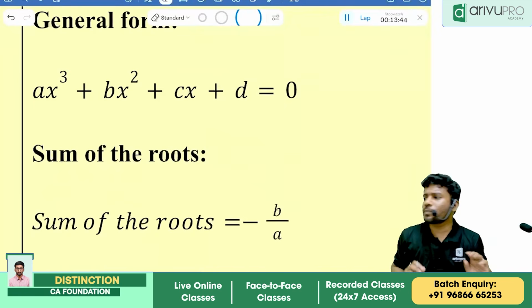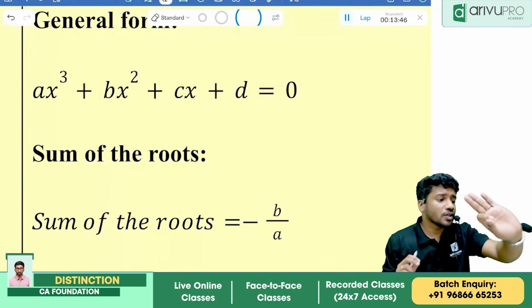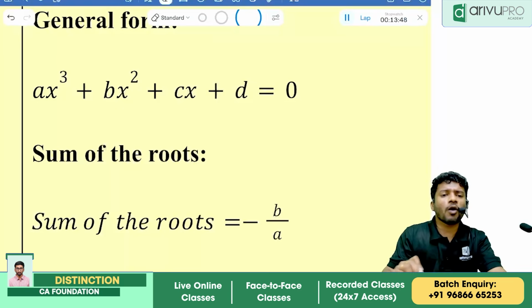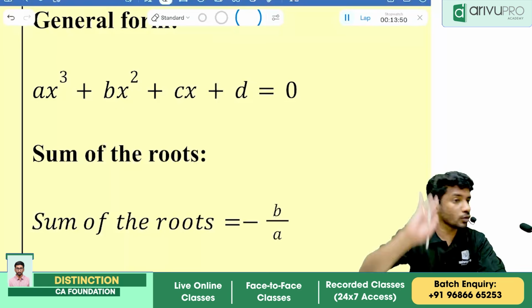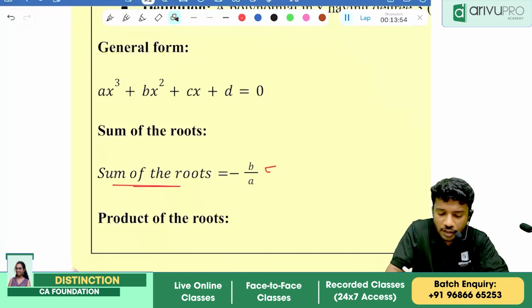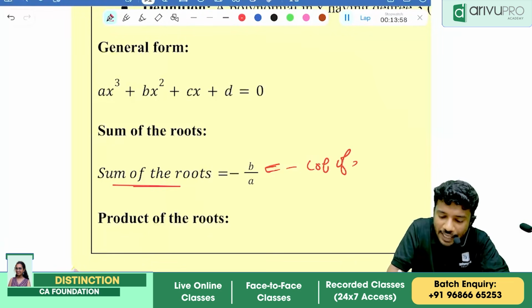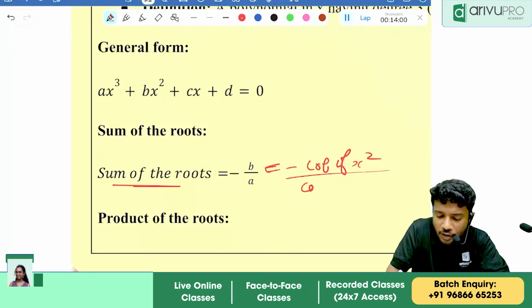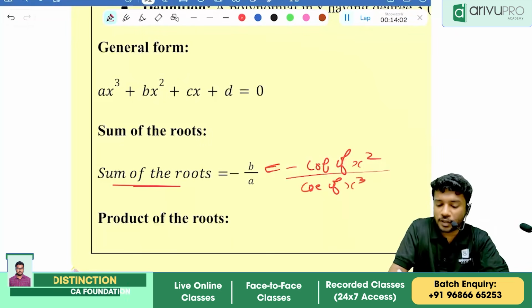What is the highest power of x in a cubic equation? 3 is the highest power. Now, how many roots are there? 3 roots are there. Now, I want you to know the sum of the roots is nothing but minus coefficient of x square divided by coefficient of x cube. Remember this.